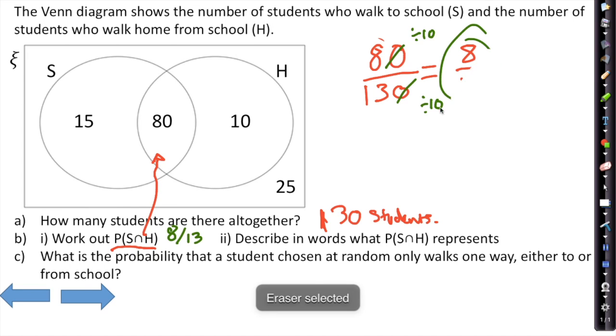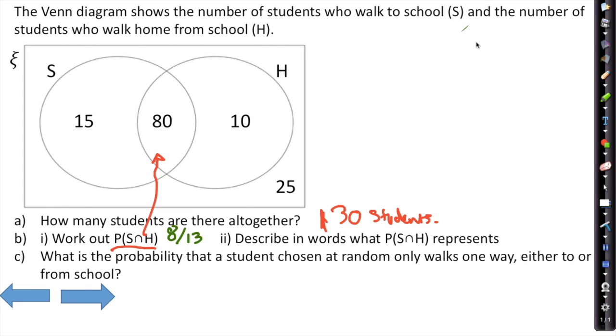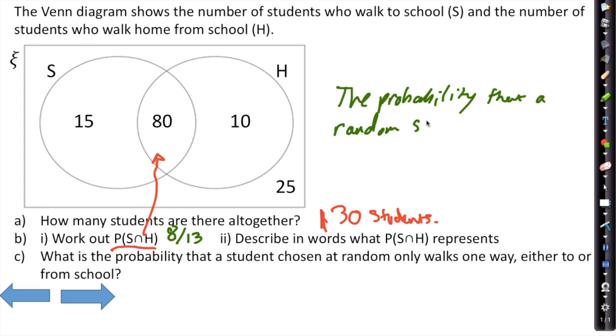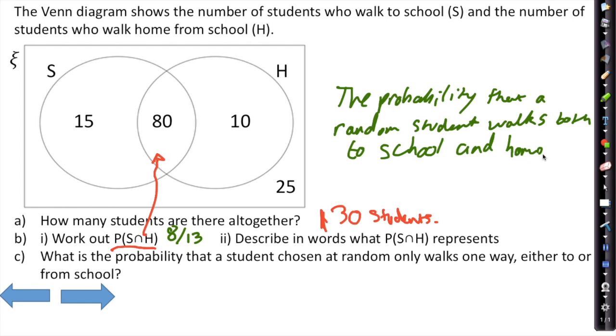So what it represents in words is the probability that a random student walks both to school and home from school.